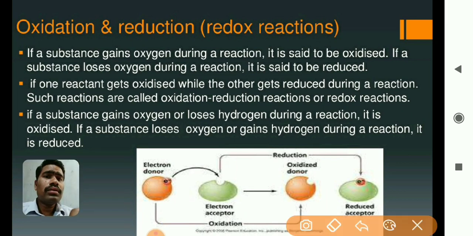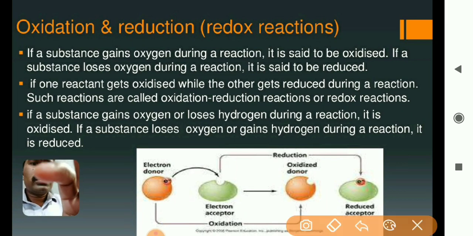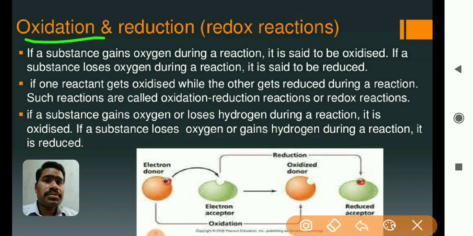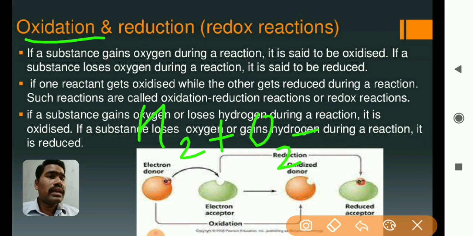Now see, oxidation is nothing but if a substance gains, or is added with, oxygen. Suppose hydrogen gas plus oxygen gas combines, it means that hydrogen is added with oxygen, so it forms H2O.